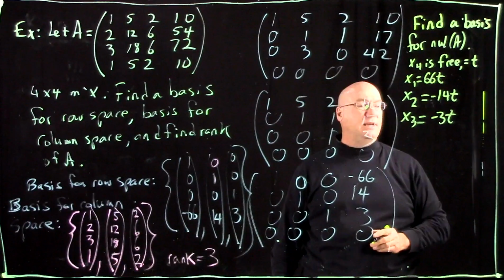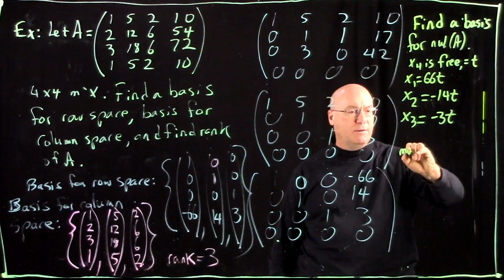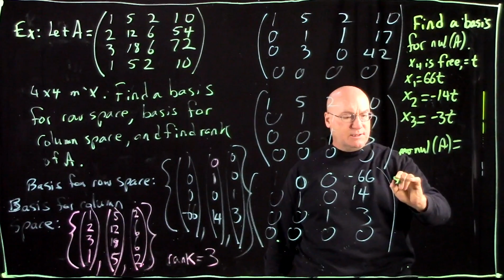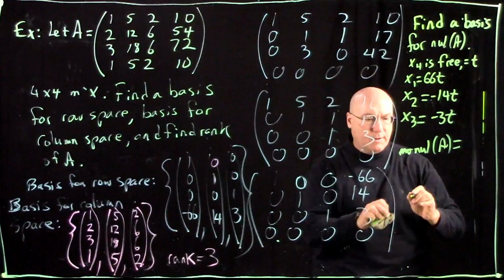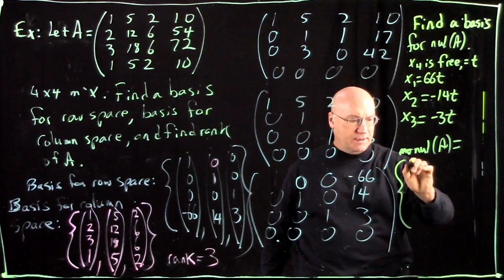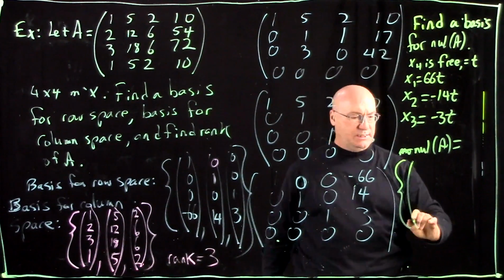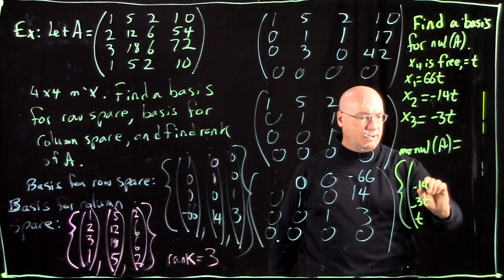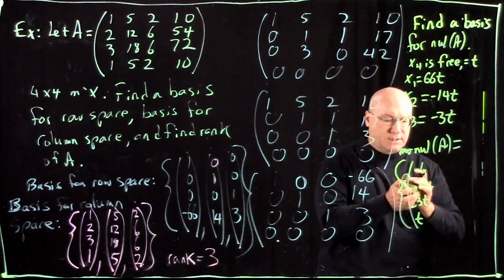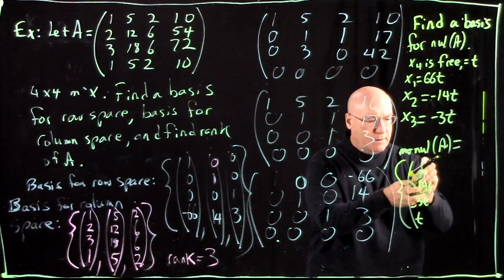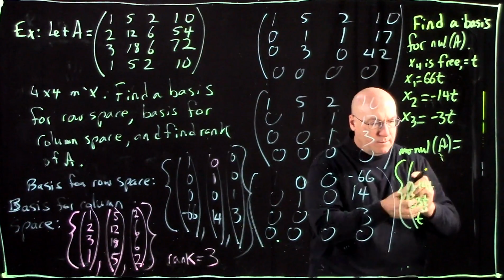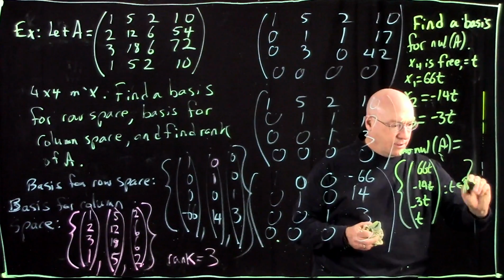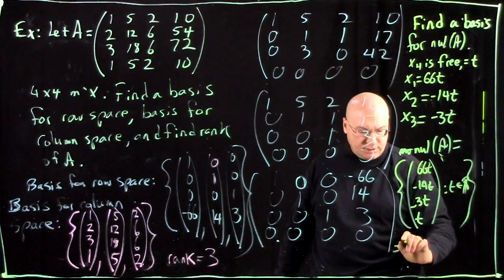So the null space of A is this set: t down here, then negative 3t, then negative 14t, then positive 66t, for t an element of R. And so that's equal to the span.